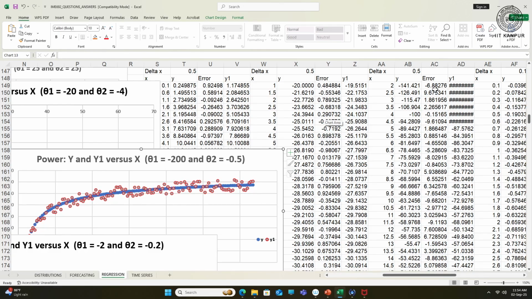By the way, one thing which you see in the Excel sheet and the PPT: be aware the errors are randomly generated. Each time I open the Excel sheet, or you open it, or simulate, or change the starting values, the theta 1 values or the theta 2 values, the errors are immediately computed in the Excel sheet.